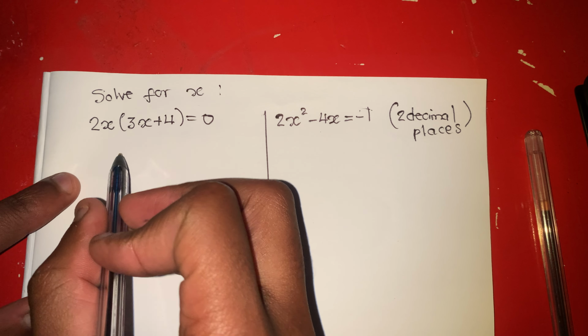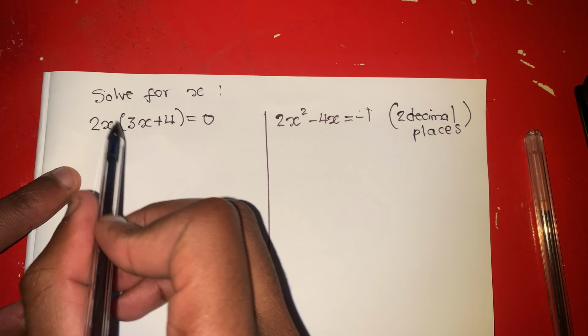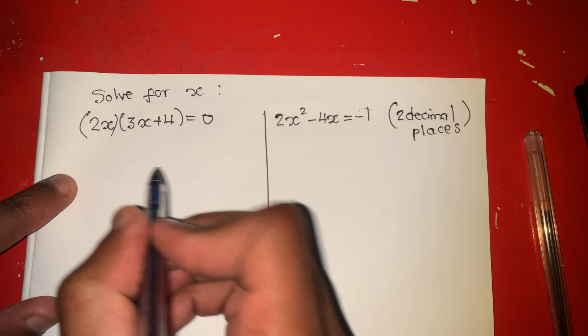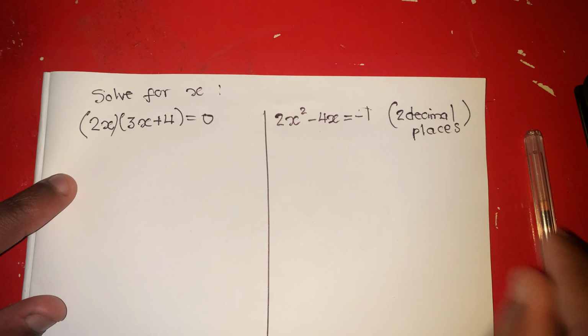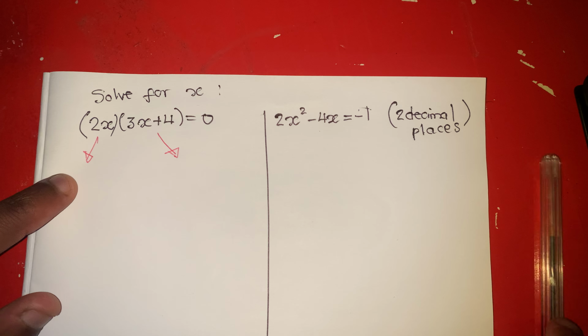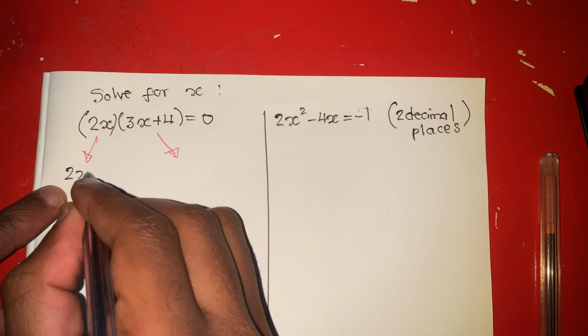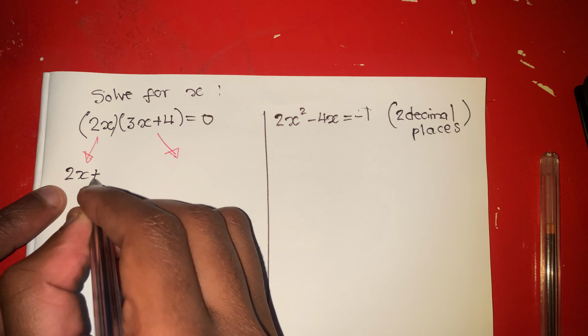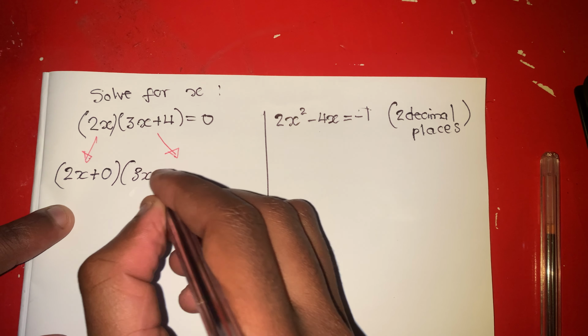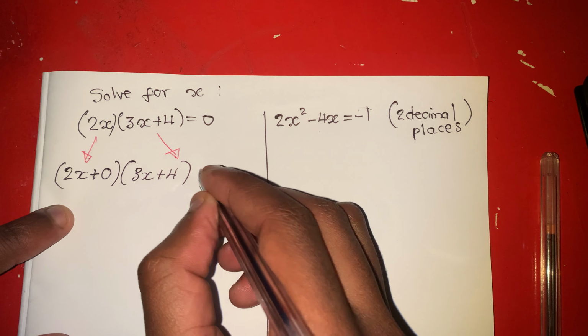For this one, usually just 2 marks. I have already factorized it for you. See, this is similar to saying 2x plus 0 and 3x plus 4.